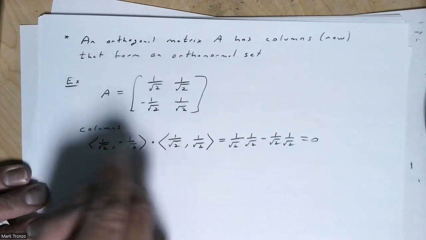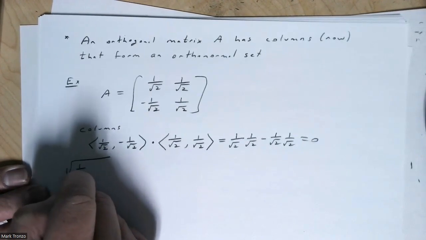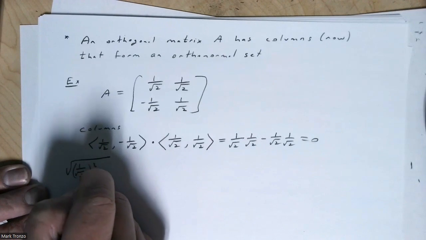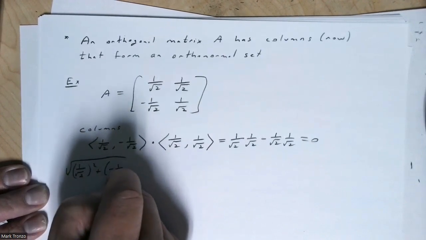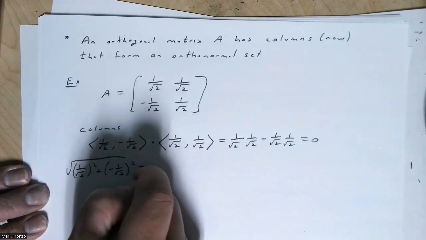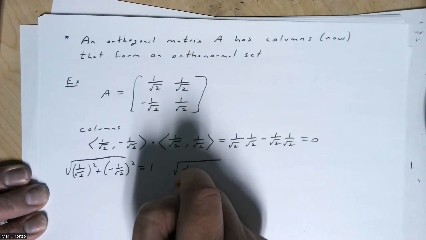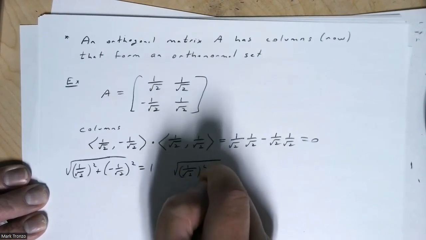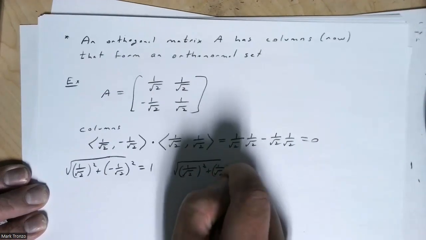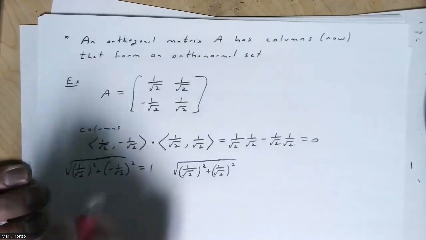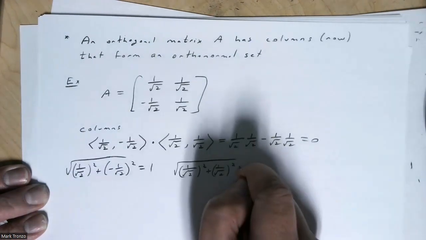So if we take this column here, take the square root of the sum of the squares, this one is 1. But this is going to be a half plus a half. It's going to be square root of 1, which is 1.